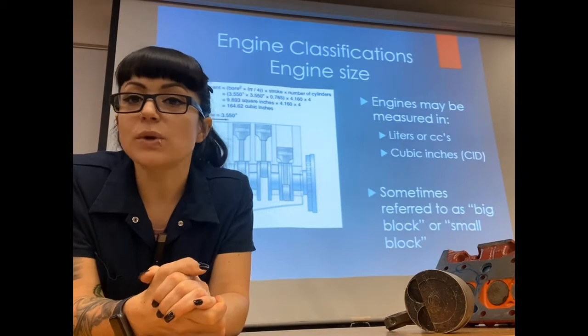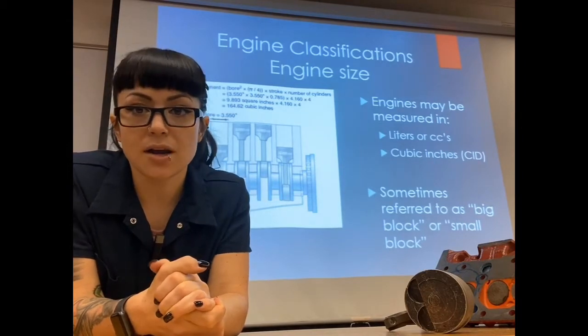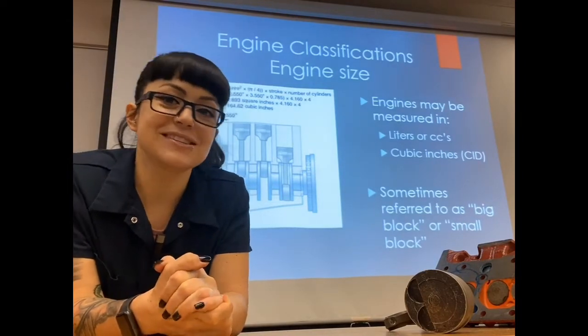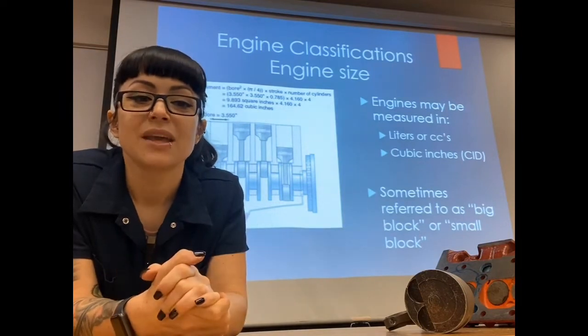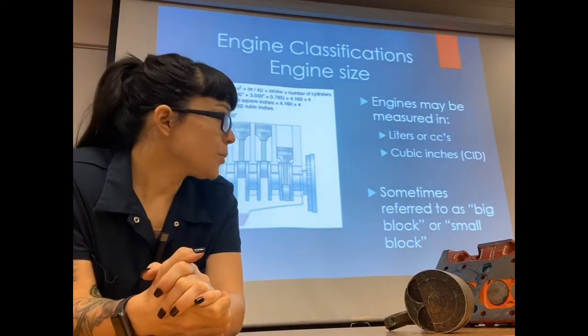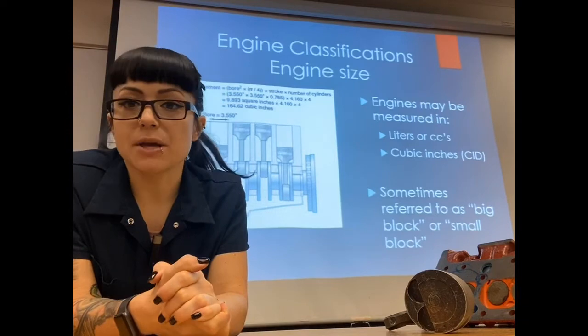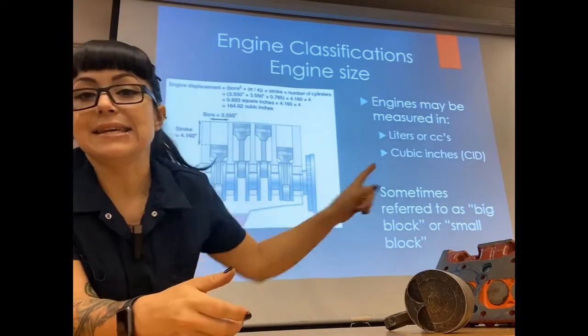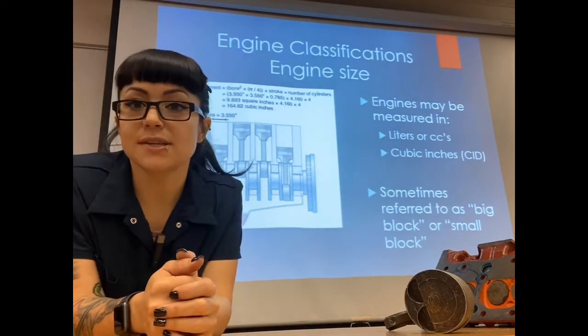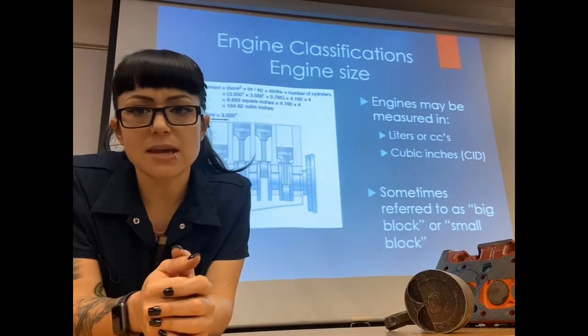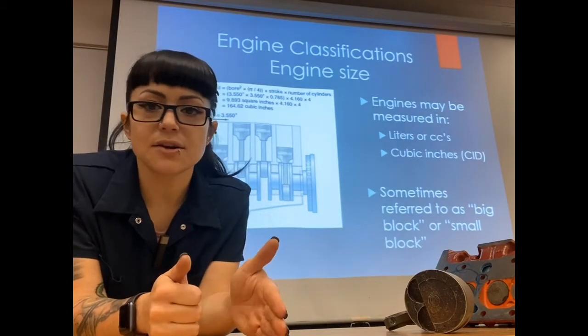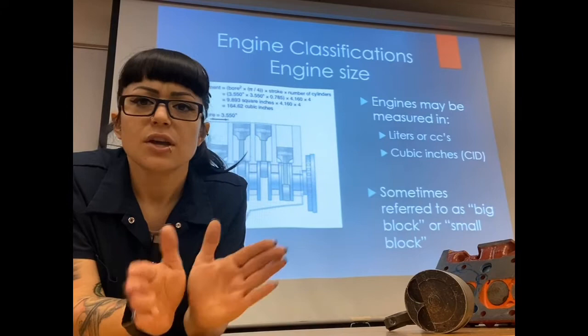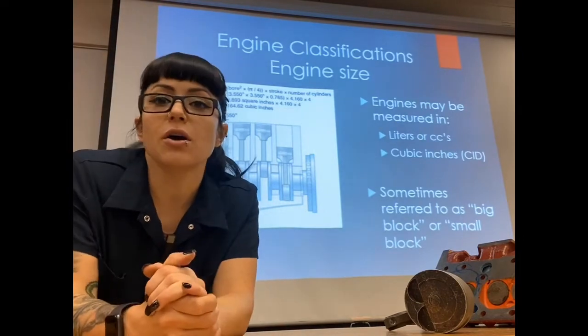Older engines we didn't used to refer to that way, because this is America and we do everything in inches and miles and stuff like that. So older engines might be classified under CID, which is cubic inch displacement. It's talking about the same thing, it's just not using liters. Instead, it's using cubic inches. So the number is going to be quite a bit larger.